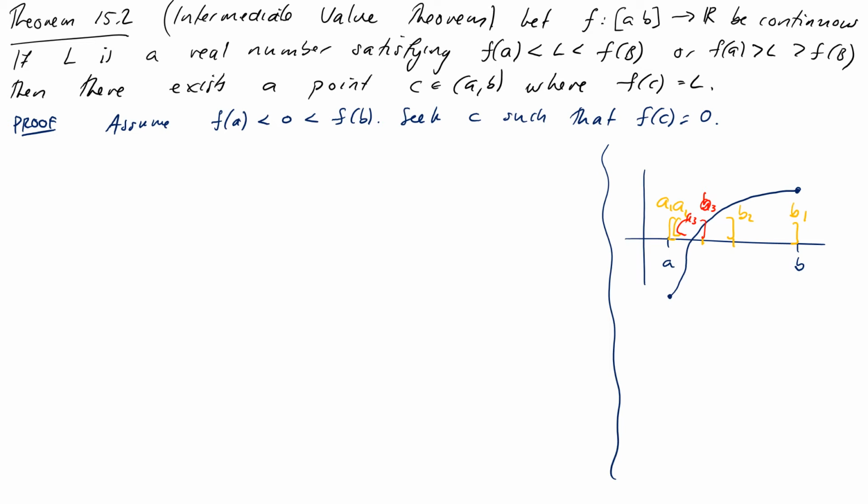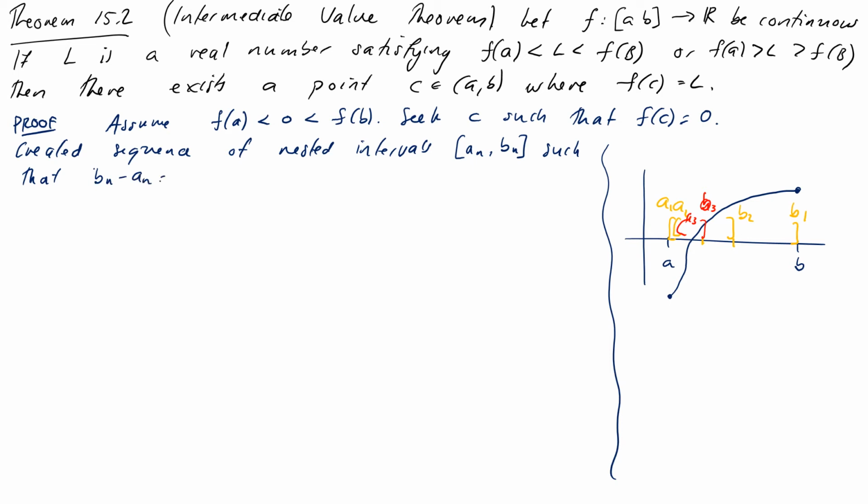Okay, so we're going to create a sequence of nested intervals a_n, b_n such that the size b_n minus a_n equals (b minus a) over 2 to the power of n minus 1.